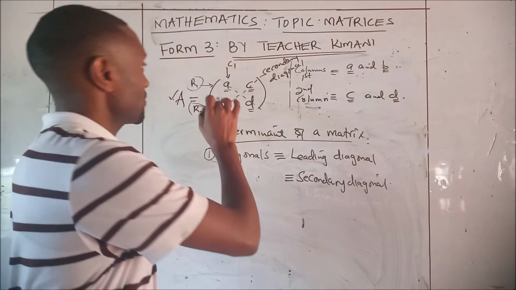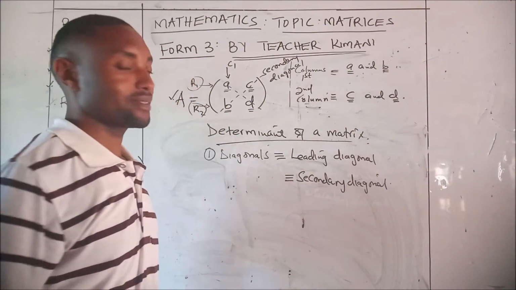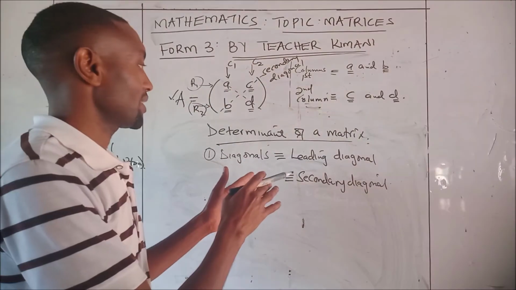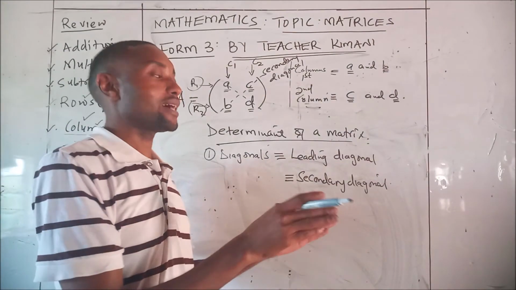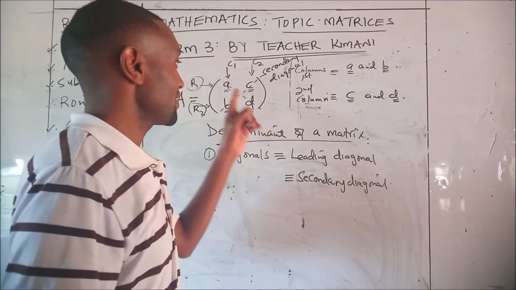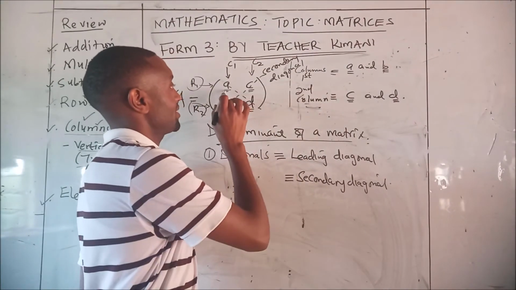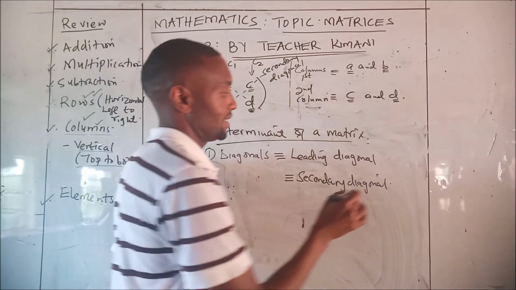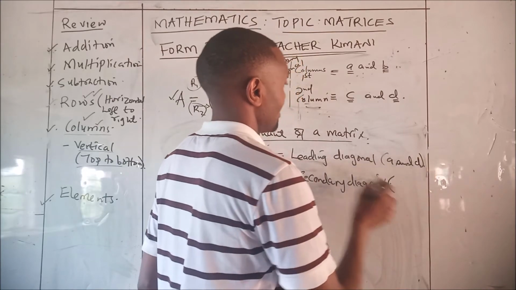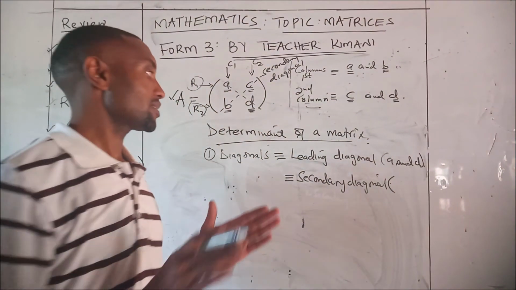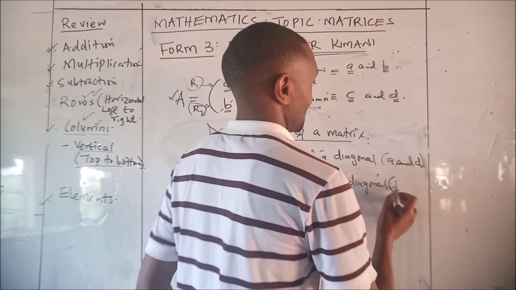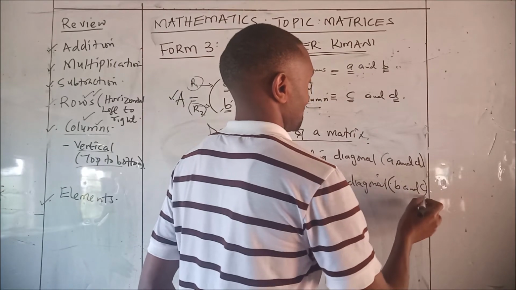In our matrix that we have there, which is a 2 by 2 matrix, with 2 rows and 2 columns, and actually a determinant applies to a square matrix, we have the leading diagonal, made of which elements? Element A and element D. So we have A and D. Then for the secondary diagonal, we have B and C.